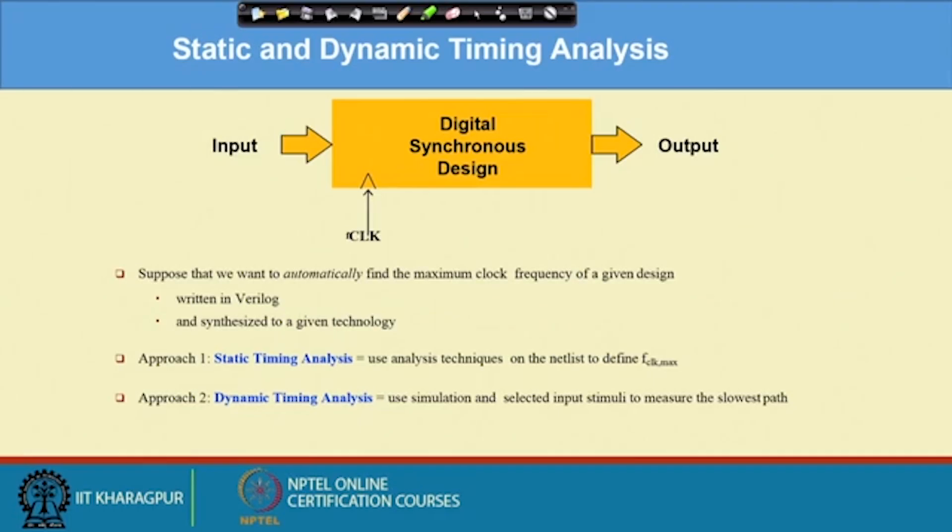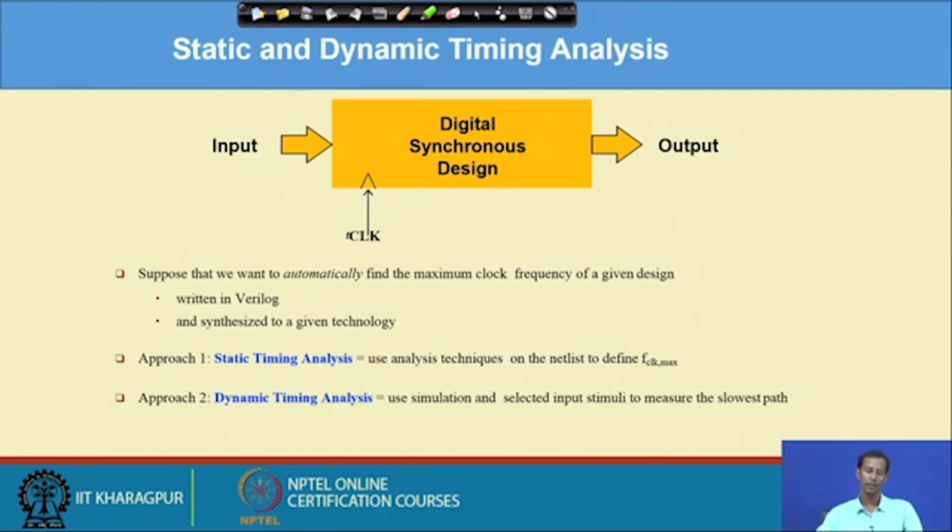But in the dynamic timing analysis approach, what do we do? We use simulation based timing analysis. What I said is that for static timing analysis the input is not defined; the corresponding combination of inputs, we have not considered.